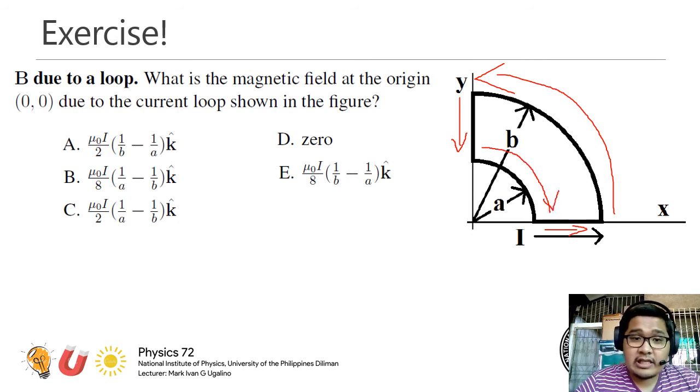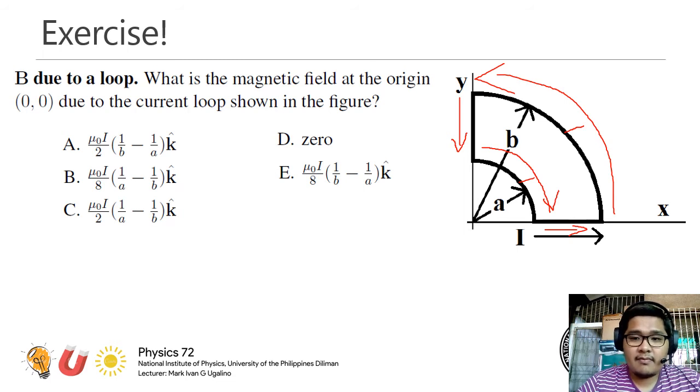It is always important that you visualize the flow of the current for this case. Say, in this case, your I is flowing in the counterclockwise direction for radius B. Then here in A, it's flowing in the clockwise direction. So, of course, the magnetic field contributions for each circular segment will be the same. Will not be the same.